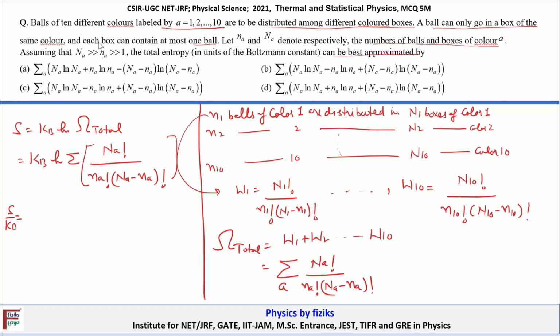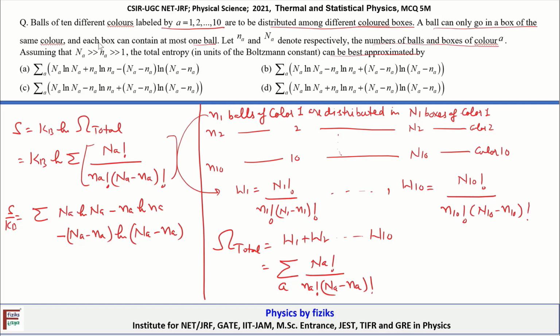So ln of the summation of this is basically equal to the summation over A, and then after applying the Stirling approximation, ln NA factorial will be NA ln NA minus NA, minus na ln na and minus (NA minus na) ln (NA minus na) plus the remaining terms.